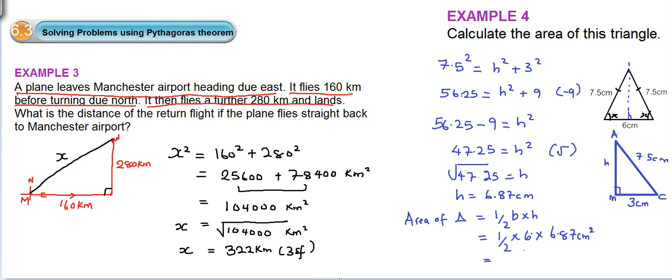Our answer would be 20.6 centimeters squared to 1 decimal place, or 3 significant figures. And that's how you solve a problem like that.